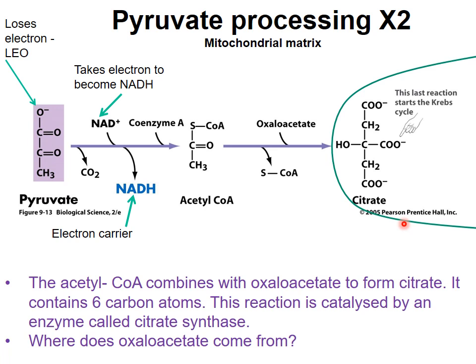As we go through the Krebs cycle in particular, it's very important to remember the enzyme that catalyzes the particular step in the reaction. So another homework question for you is to figure out where the oxaloacetate in this stage of pyruvate processing comes from. This is something that we will ask in tests or exams.